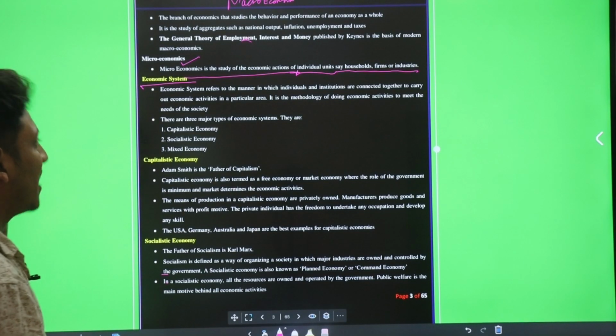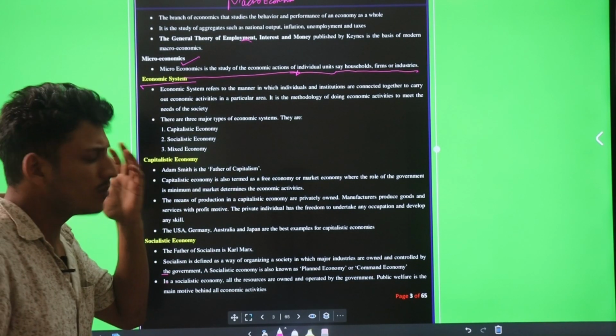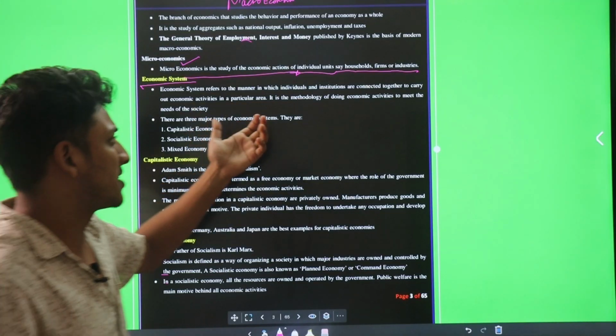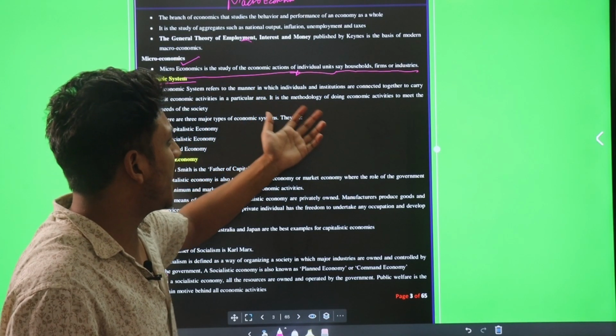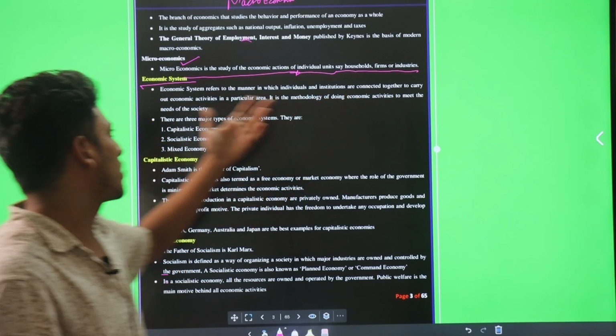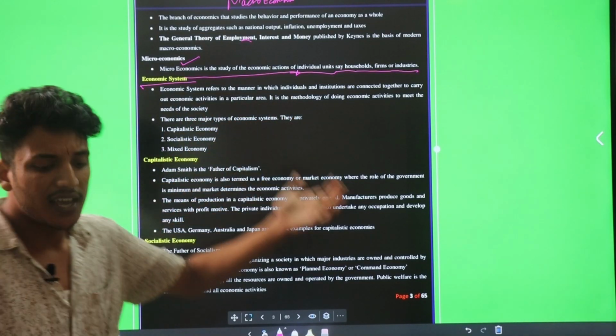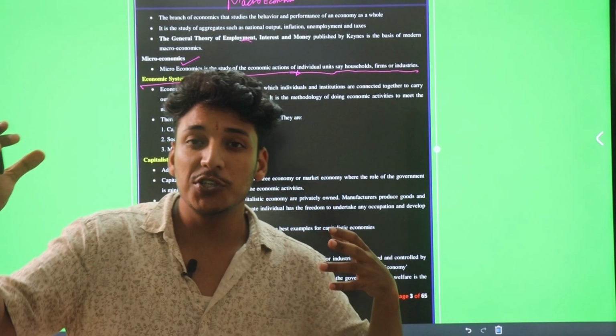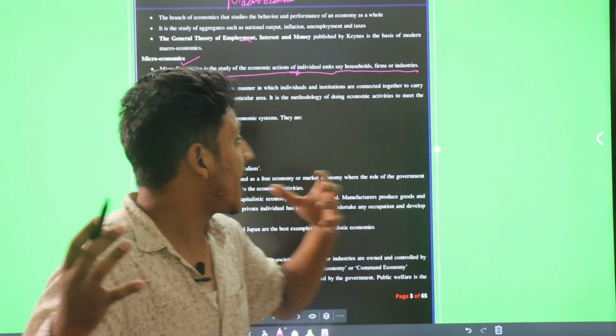Economic system refers to a system in which individuals and institutions are connected together to carry out activities. It means individual and institution.